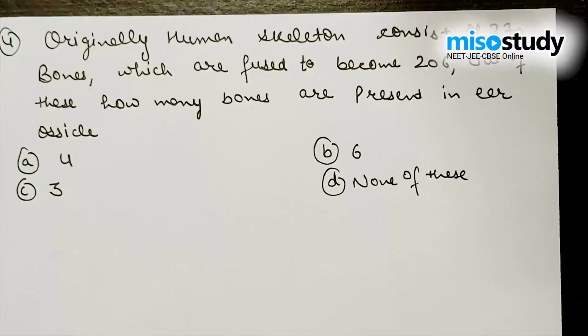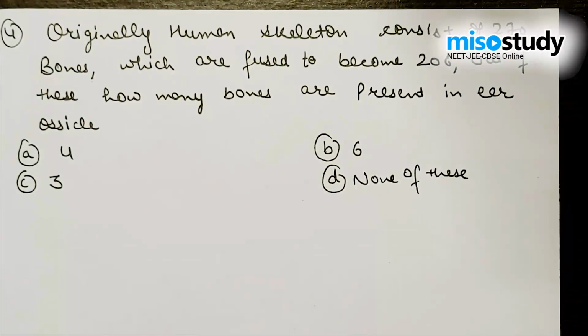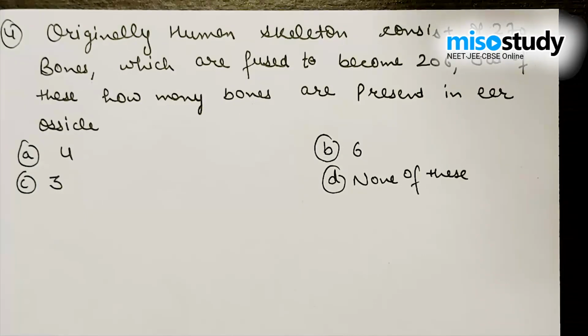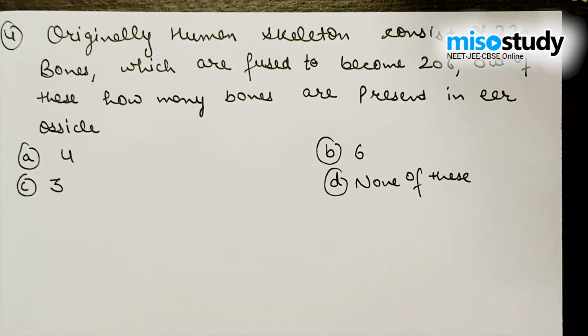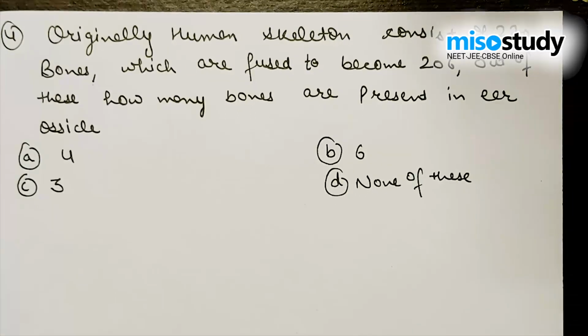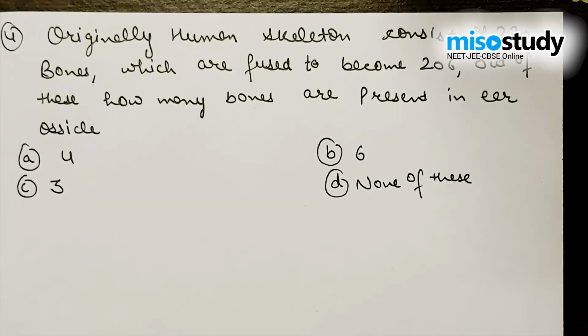The next one is: originally the human skeleton consists of 270 bones, which are fused to become 206. Out of these, how many bones are present in the ear ossicles?